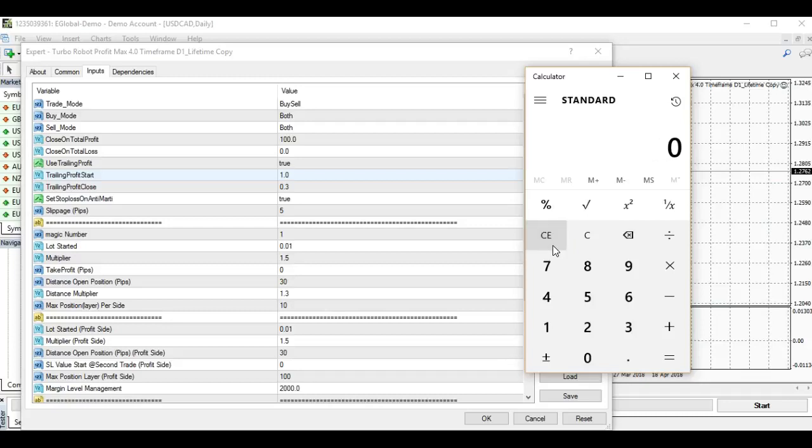So let's say your 0.01 is multiplied by your pips. Here it's $1 divided by 0.10, so that's 10 pips.